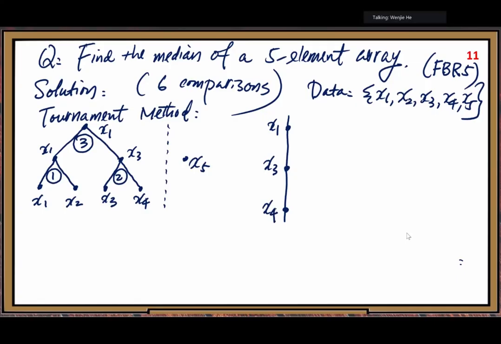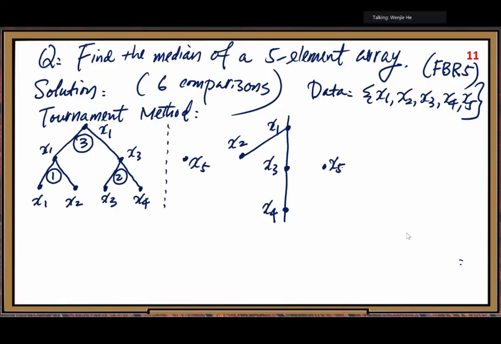This is a 3-element ordered chain. There is another one, X2, below X1. And X5 is unknown, right? We have no information about X5. So next question.